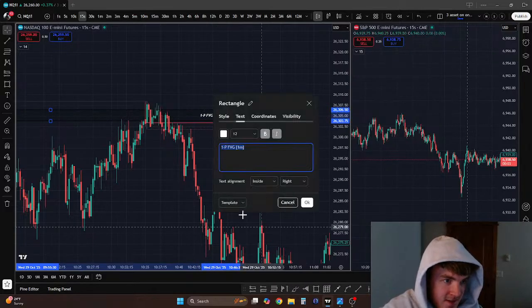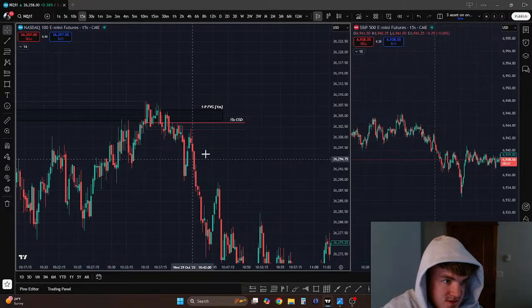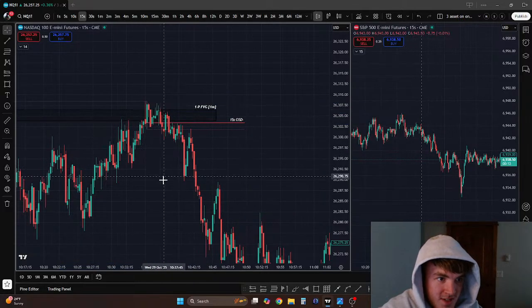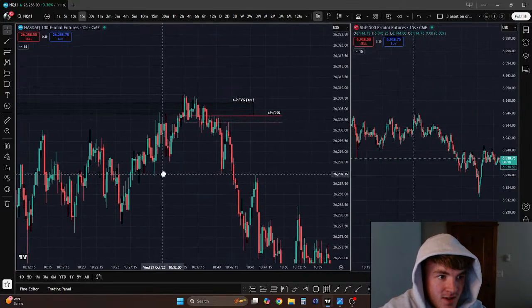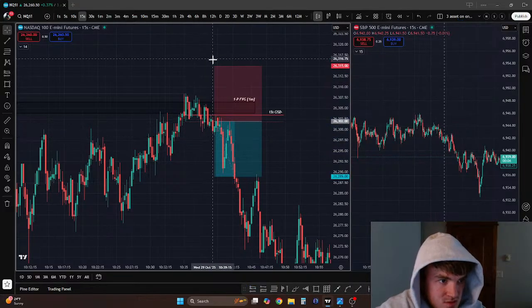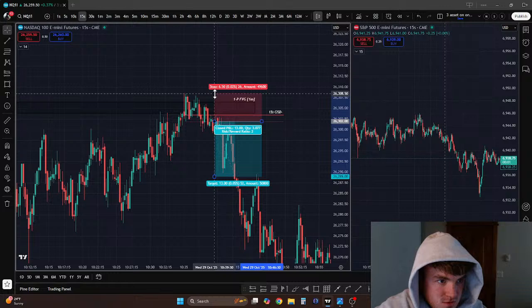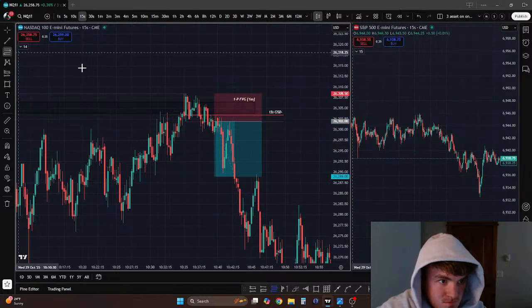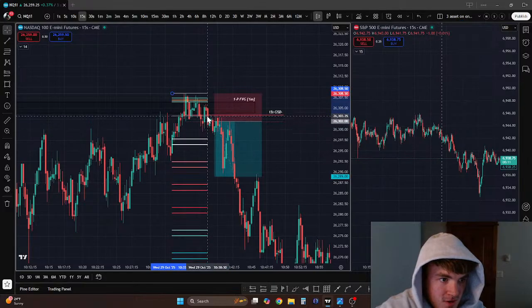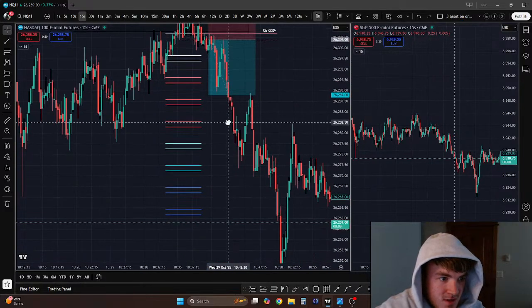So this is how I would take this, using the order block as change in state, but entry on the wick. Then you could target 8 projections of this.